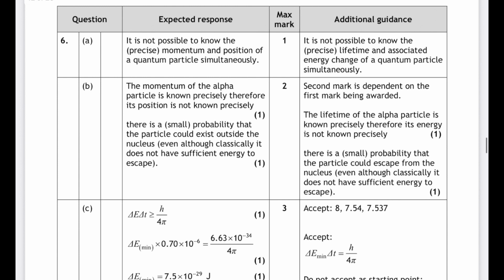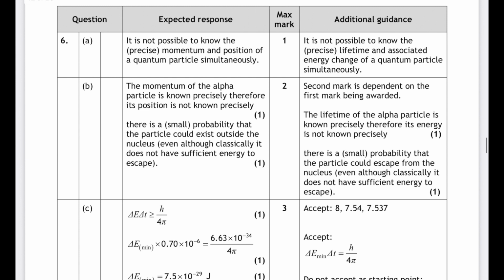Well, the left hand side of the marking instructions is answering it in terms of position and momentum. So if the momentum of the alpha particle is known precisely, then its position is not known precisely. So there's a small probability that the particle could exist outside the nucleus, even though classically it doesn't have sufficient energy to escape.